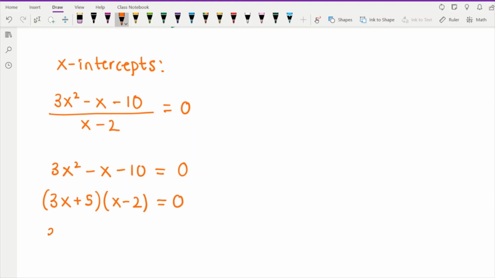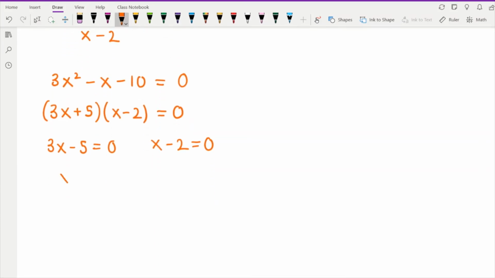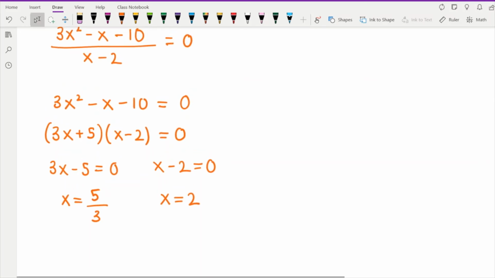And so that tells us that either 3x minus 5 is equal to 0 or x minus 2 is equal to 0. And so that would give us x is equal to 5 over 3 or x is equal to 2. So those are our two candidates for our x-intercepts. So now what we need to do is double check that neither of those also makes the denominator 0.